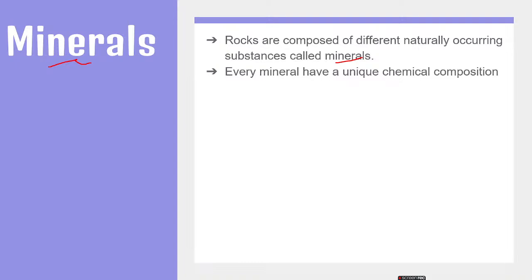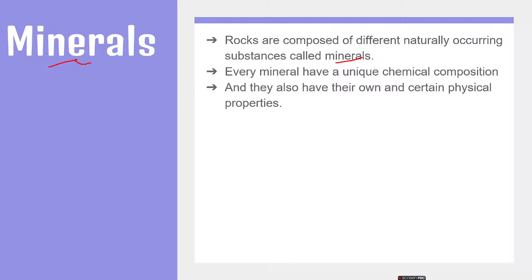There are a great many minerals, and the composition is different for each. This is the main important point. They also have their own certain physical properties. Not only the chemical composition but also the physical properties are different for different minerals.